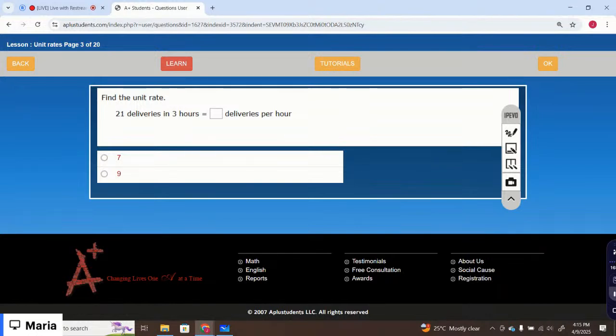Find the unit rate. 21 deliveries in 3 hours. That is 7 deliveries per hour. Option number one is the correct option.